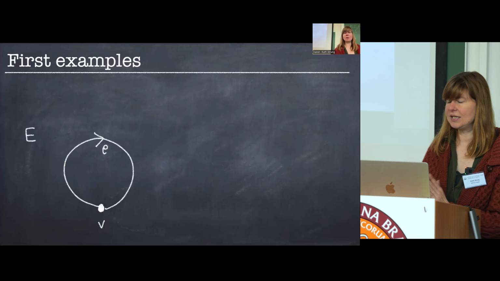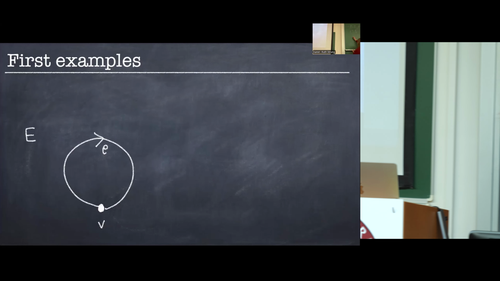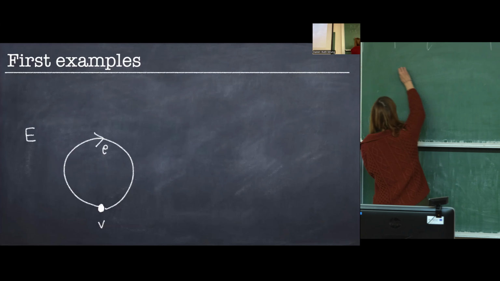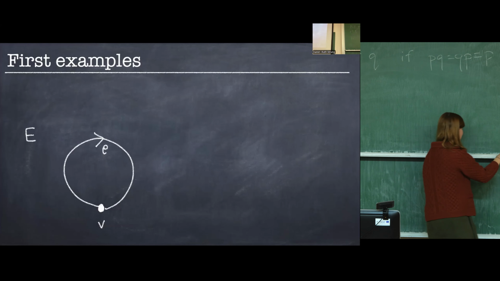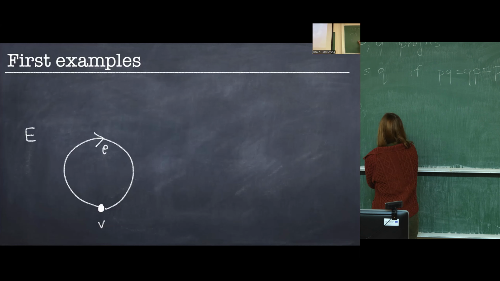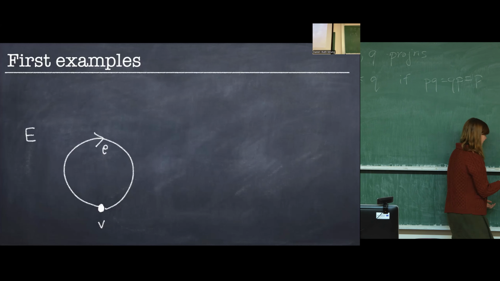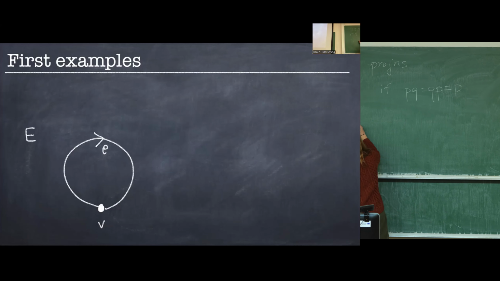Another nice example is this guy here. So now we have one vertex, so we're just going to have a single projection corresponding to our vertex V. And then we have an edge.